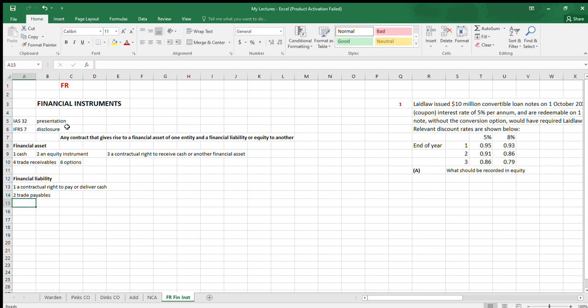Just the opposite, we have debentures, and mind you, debentures will be taught in financial management. A debenture is simply a long-term loan. That's all you need to know about debentures. We also have redeemable preference shares. They all fall under financial liability. These preference shares and debentures will be taught well in financial management. As to how they are part of financial liability, you don't need to know that in your financial reporting.